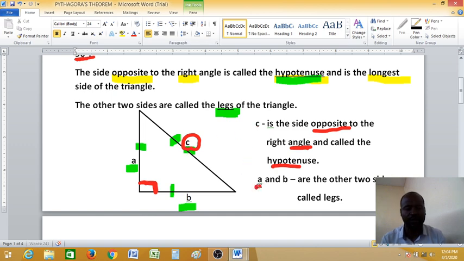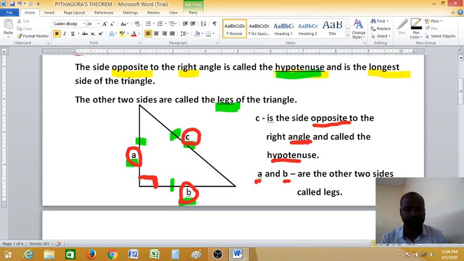A and B are the other two sides, which are called the legs of the triangle. You can name this as B and this one as A, or this as A and this one as B. No difference; the legs can be named interchangeably. But C is the side which is opposite to the right angle.